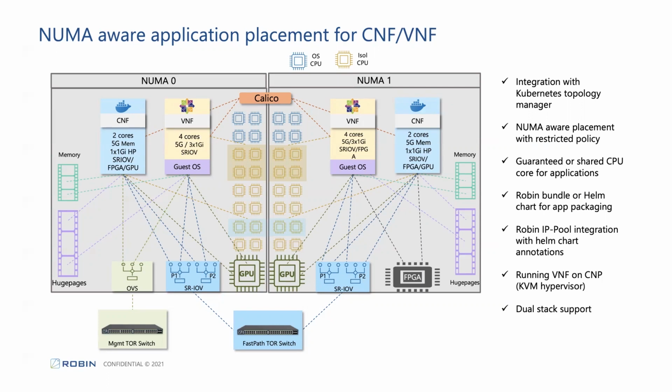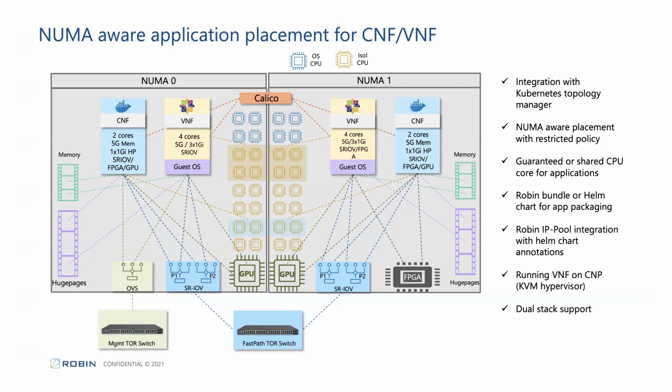So in order to make sure that the performance is met, we'll make sure that the resources such as CPU, memory, huge pages, SRIOV NICs, GPUs, or FPGA cards are assigned from the same NUMA. So in order to do that, Robin automatically takes care of scheduling your application into the same NUMA node based on the input from your application packaging.